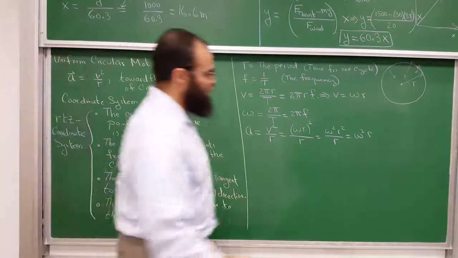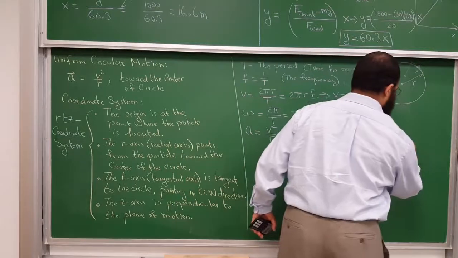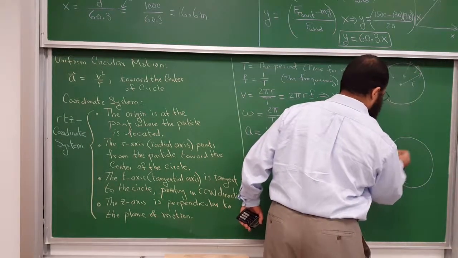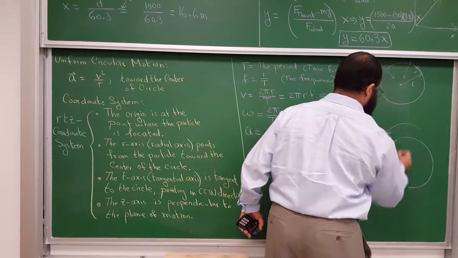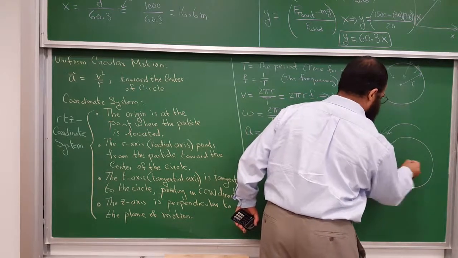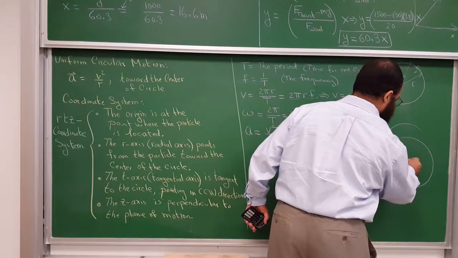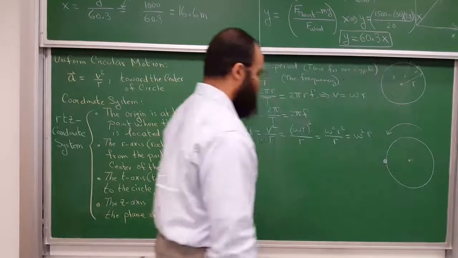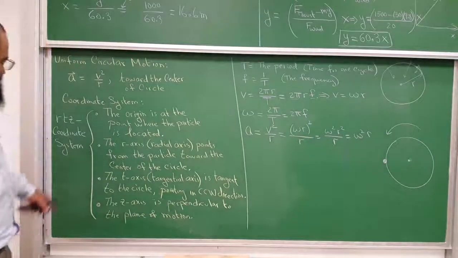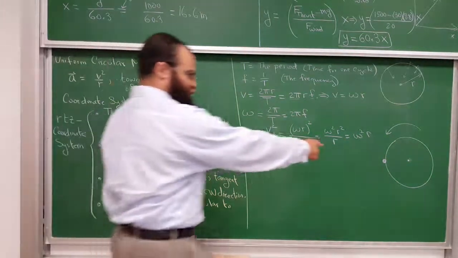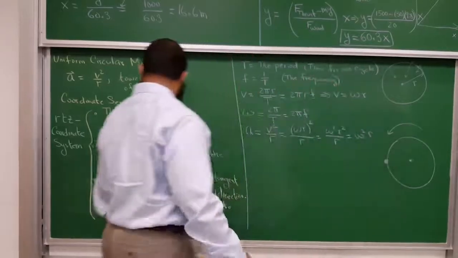So let's say here's our object going around the circle, and let's say it's going around the circle in the counterclockwise direction. This is the center of the circle, I'll draw an X. So we're going to define the origin to be where the object is located. So here's the origin of our coordinates.